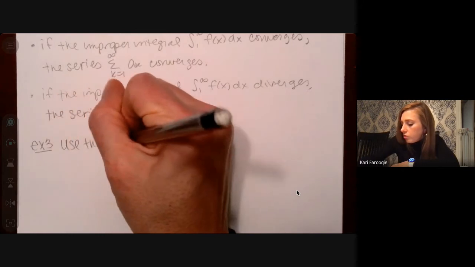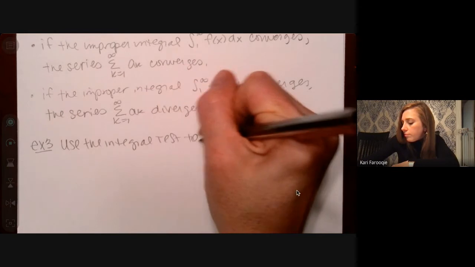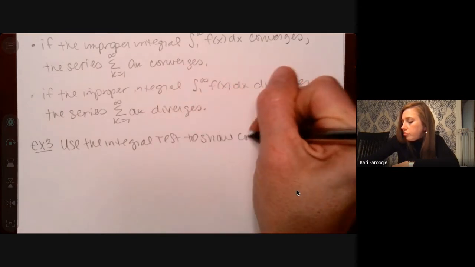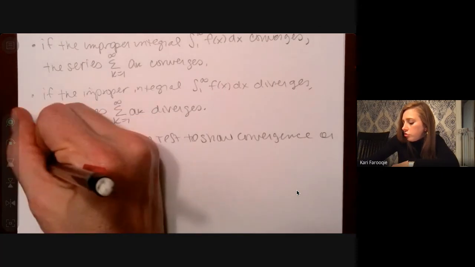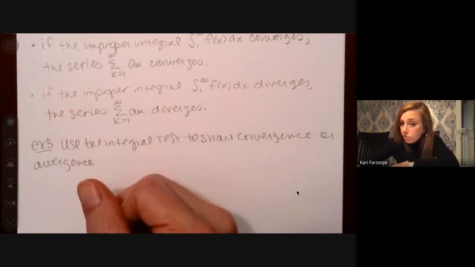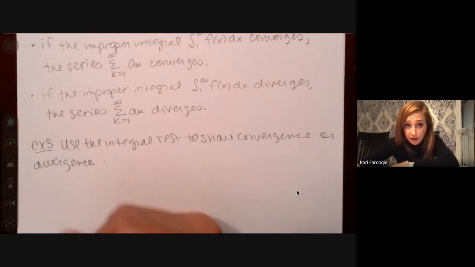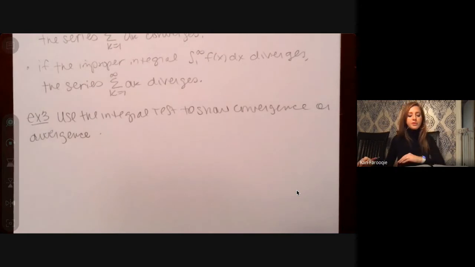So I'm going to just shorten that: use the integral test to show convergence or divergence. I'm not asking you to find the sum of the series. I'm just asking you to tell me whether the series converges or diverges.